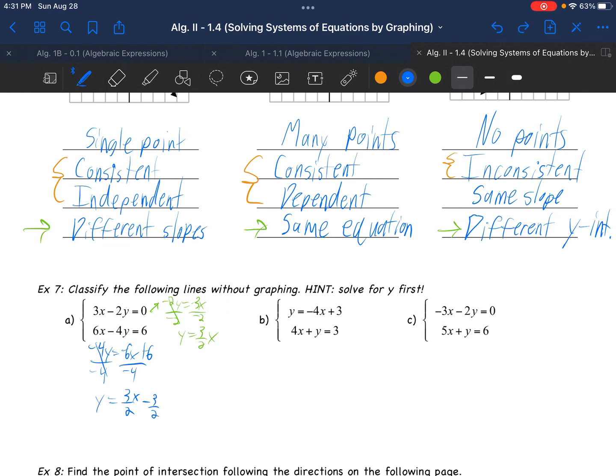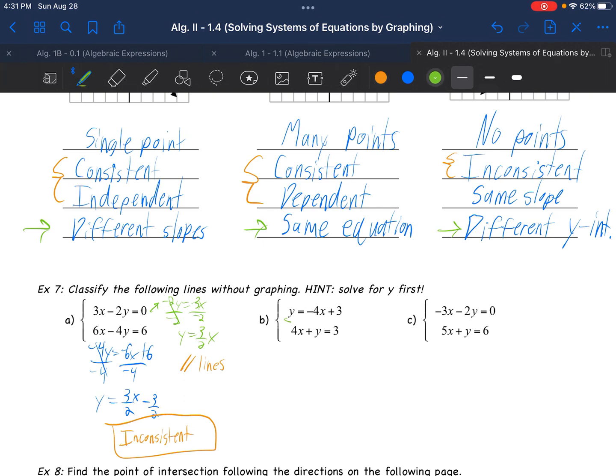And this y-intercept was 0, aka you don't even see it, and this y-intercept is -3/2, meaning these are the no solution ones. These are parallel lines, if you will. And you don't have to write that they're parallel lines, but it might help you to remember this. And so how would we classify it? We would say this system is inconsistent because there's no solution.